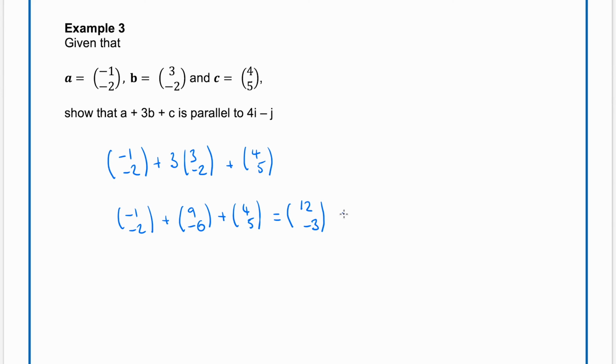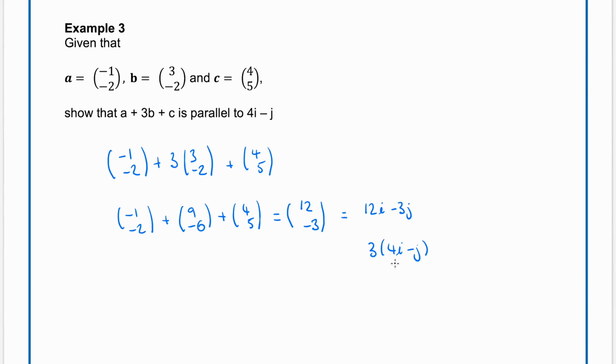So in terms of i and j form, this is 12i minus 3j. So now we need to show that 12i minus 3j is parallel to 4i minus j. And we can do this by factorizing out the 3. So we have 3 lots of 4i minus j.